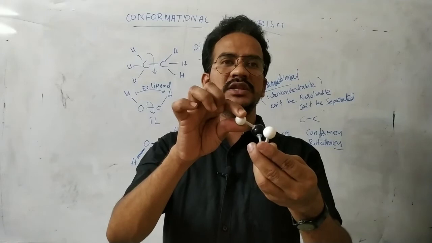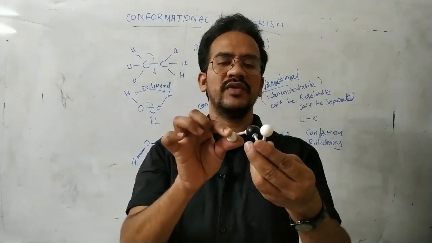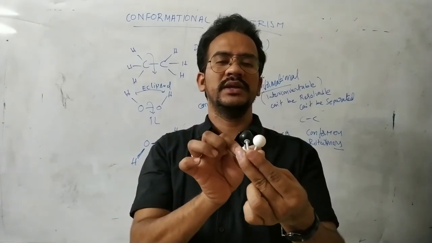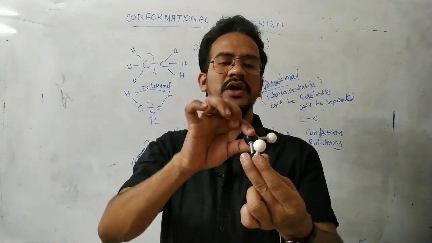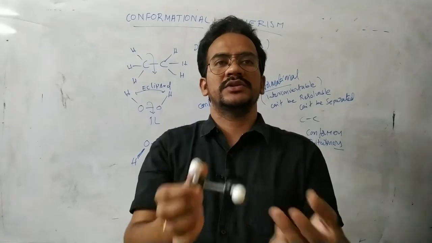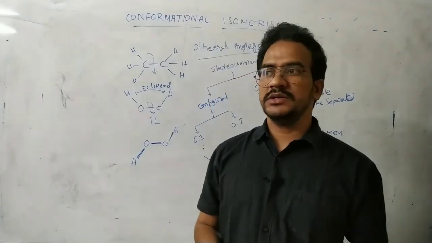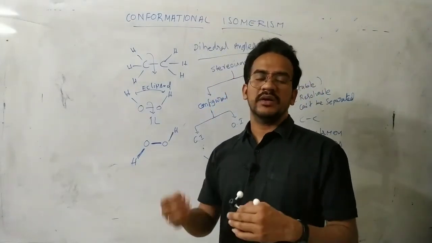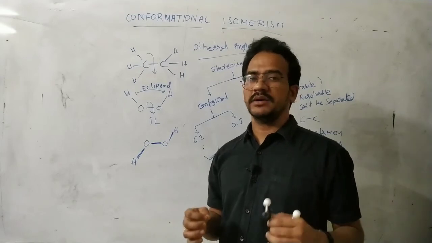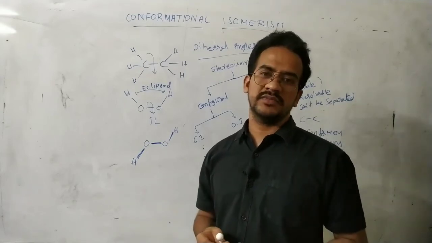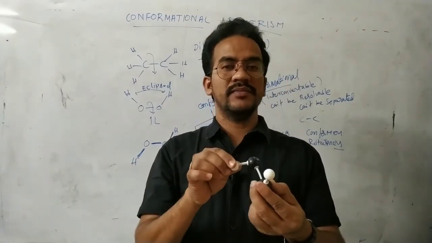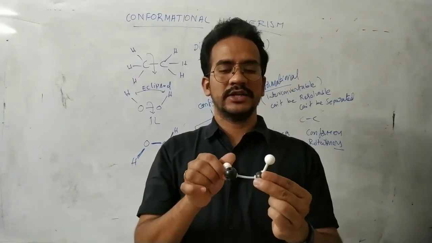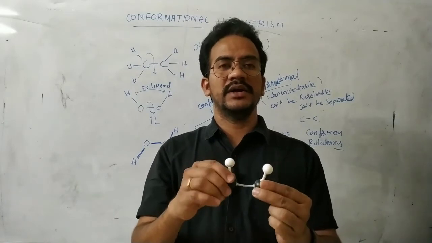Next, 60 degrees, 120 degrees, 180 degrees, 240 degrees, 300 degrees, and again 360. Like this, infinite conformations are possible, but we study the conformation at specific angles: at 0 degrees, 60, 120, 180, 240, and 300 degrees.